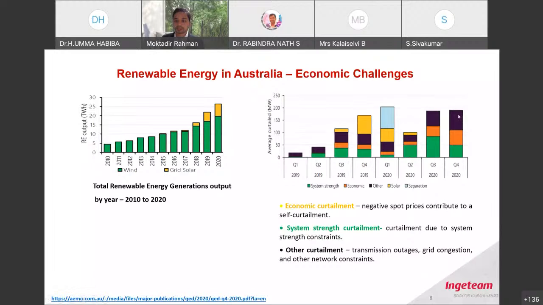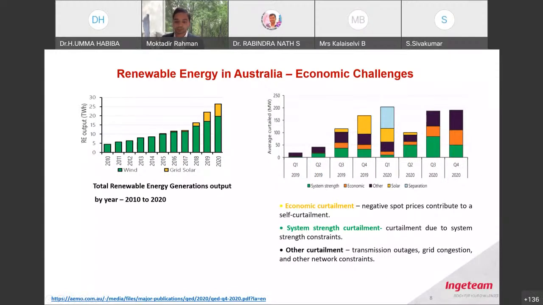As you can see, this figure represents a huge amount of solar integration curtailment, from 0 to almost 200 megawatts for only this Q4 in 2020. You have more on the left-hand side, and in 2021 and 2022, there are more.